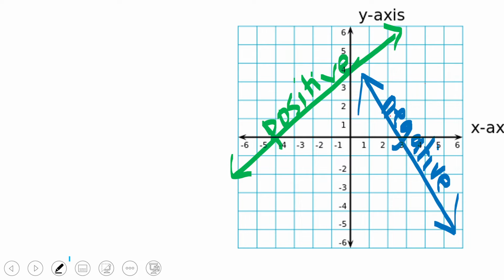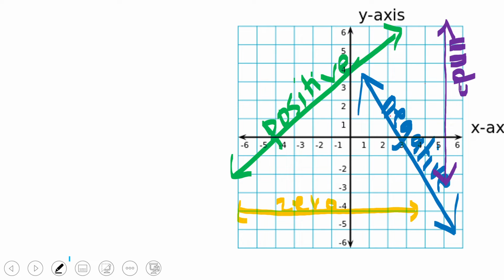If you have a positive or negative number, your visual on the graph should match whether your number is positive or negative. So the horizontal line is zero slope. And this vertical line is undefined. So memorize these 4 names for the 4 types of slope that you will see on your graphs.